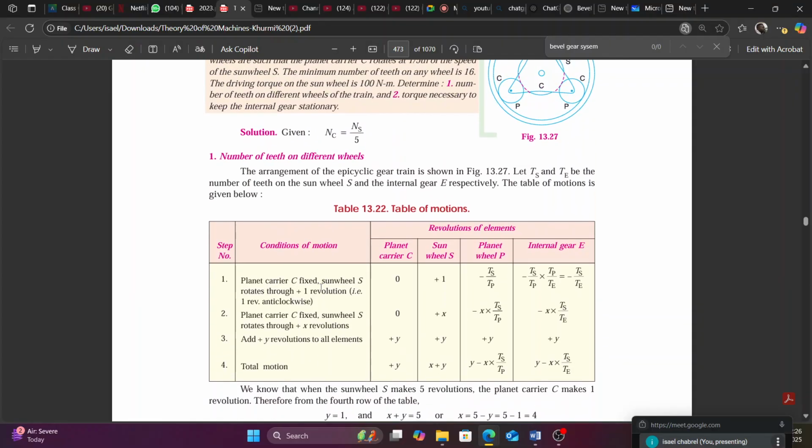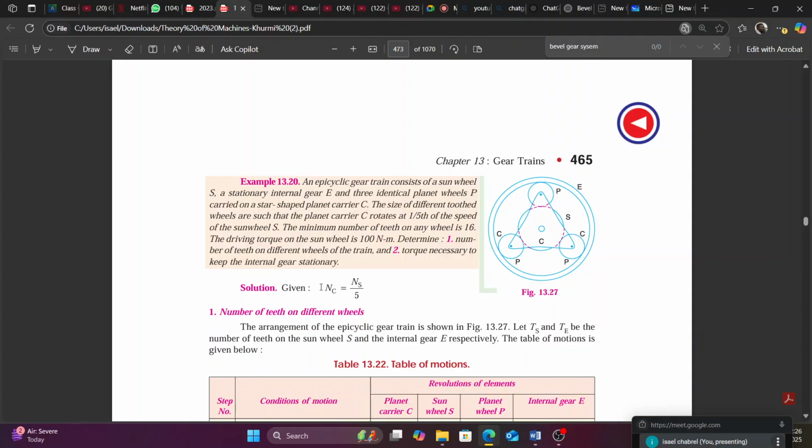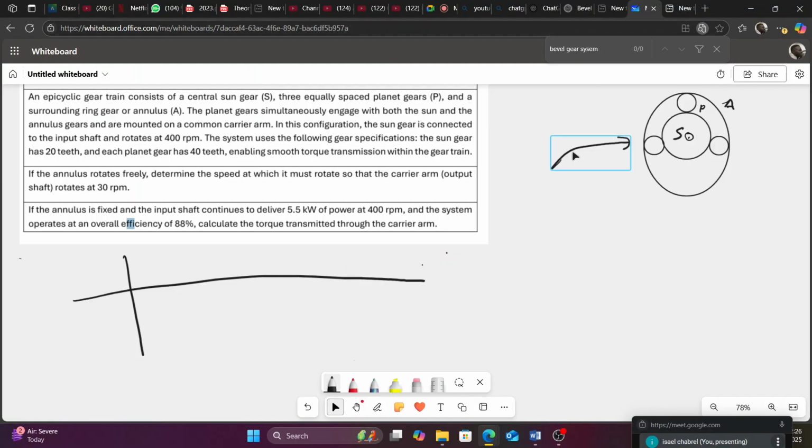They called the arm C. I don't know if we should also call it C. It doesn't matter, but let's just call it C.